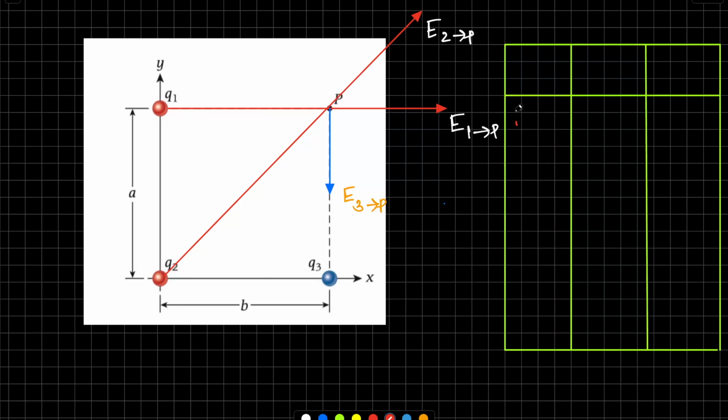So we have E1 at P, E2 at P, the electric field by charge Q2 at point P, E3 at P, by charge 3 at point P, and finally we will find the net electric field at point P by adding all these components together.